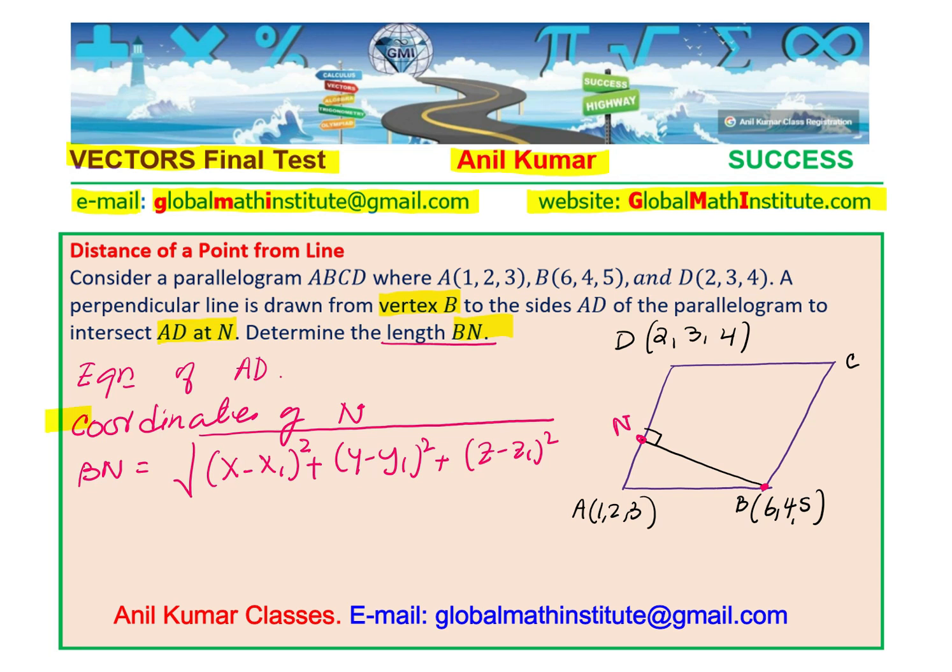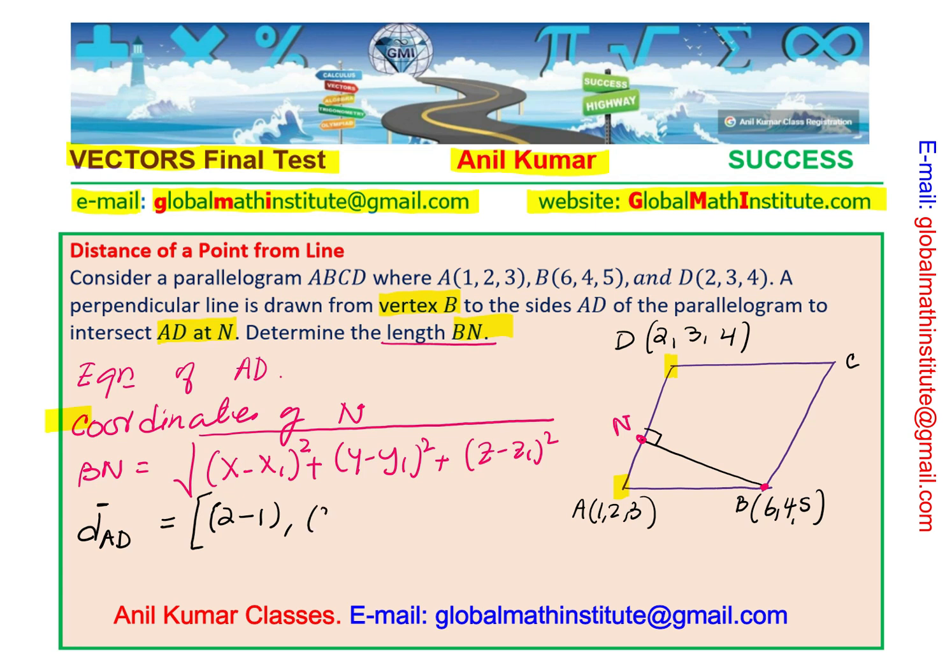How do we do so? Well, these two points A and D are given to us. We can find the direction vector AD, right? Let's say d is the direction vector from A to D. Then it should be the difference, right? 2 minus 1, 3 minus 2, 4 minus 3.